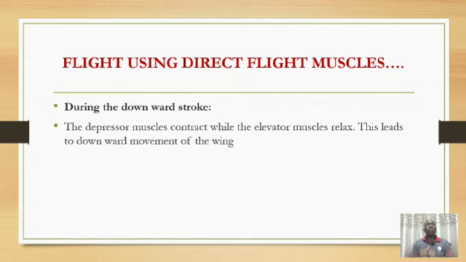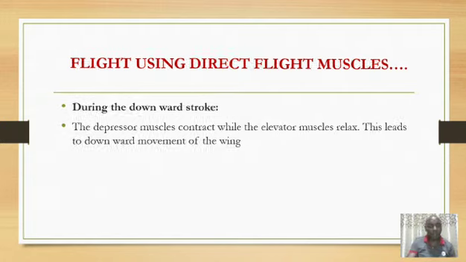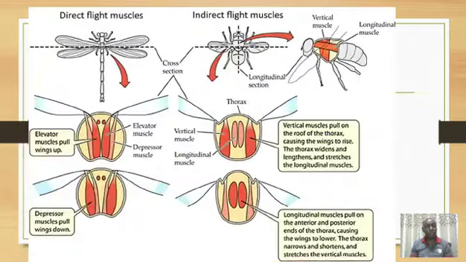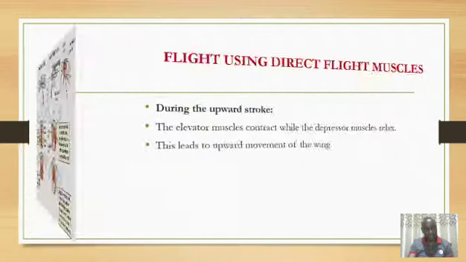So this is continuous, enabling the wings to move up and down. So that is about direct flight muscles, bringing about a type of flight which we are calling direct flight.